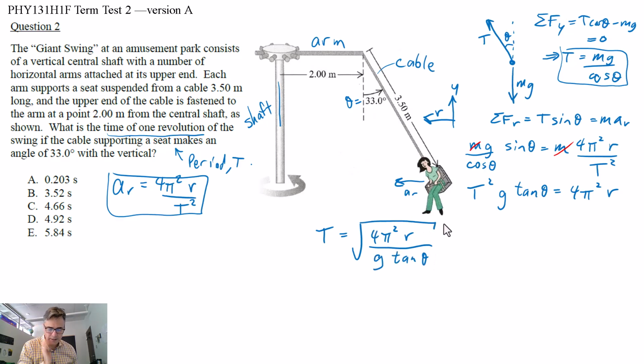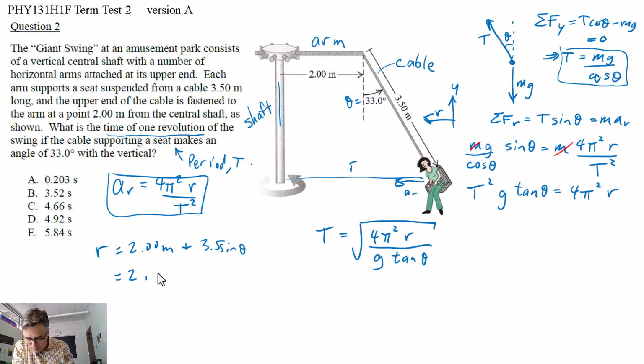So this is the other thing, is that we need the r for circular motion. So this is r right here. And so by geometry, r is going to be equal to the 2.0 meters plus, I think if that's the hypotenuse, it'll be 3.5 times sine theta.